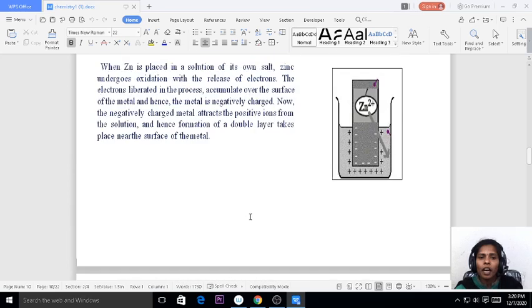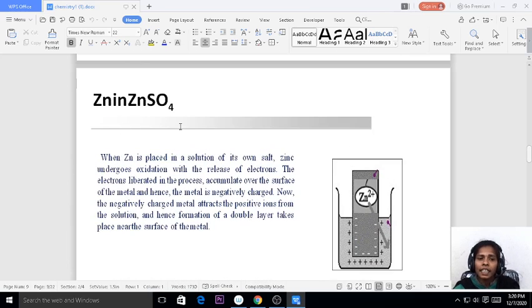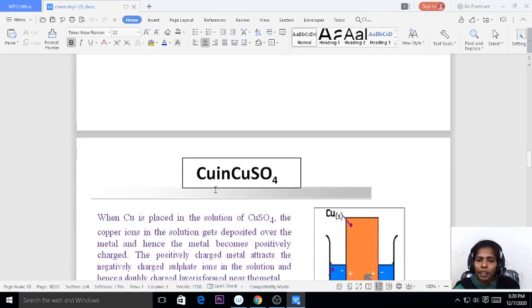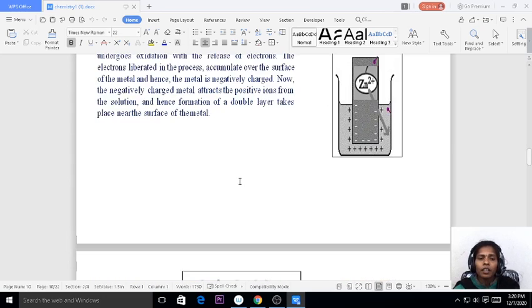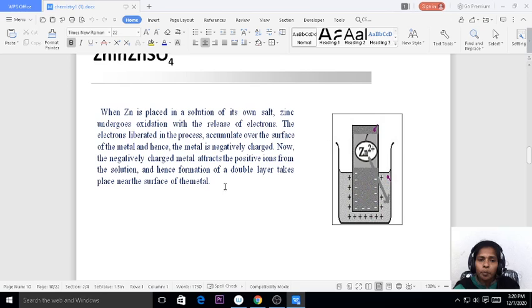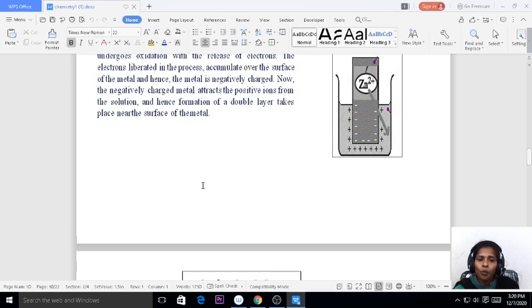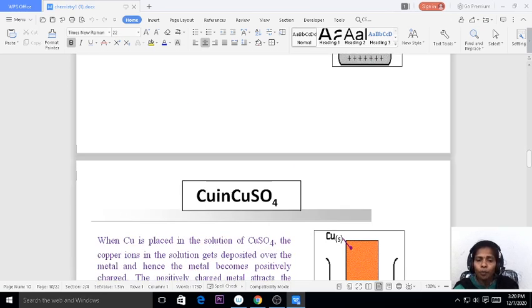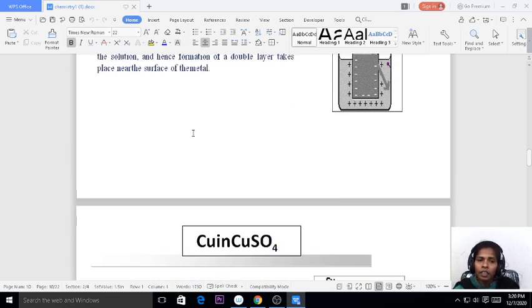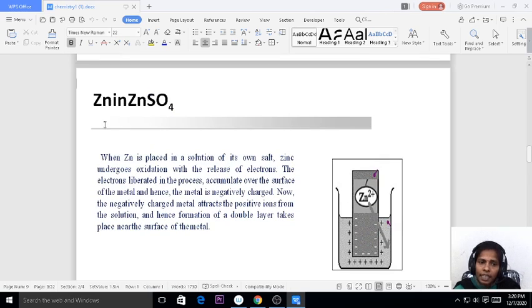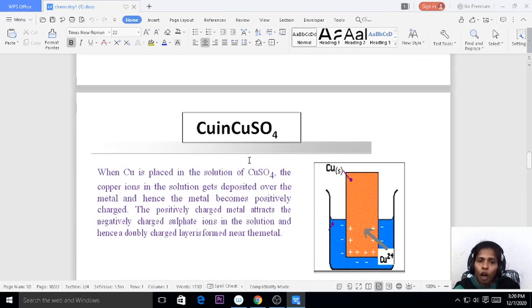That is Zn in ZnSO4 and Cu in CuSO4. These two are combining here. When these two are combining, the zinc acts as the anode and copper acts as the cathode.